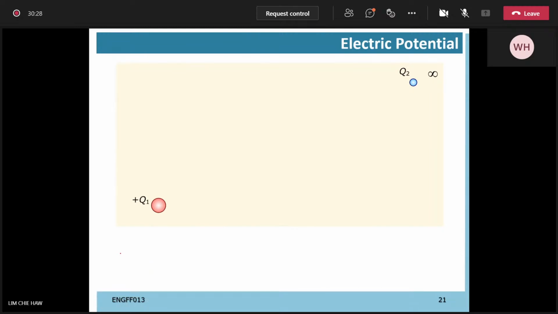Okay, look at that. Now we have Q1, we have Q2 here, and just now the Q3 is here, right? So this is your Q3, the positive charge. Now we try to bring Q3 to this point, let's say M. Here it is important to know the distance between Q1 and M, which is R1, and the distance between Q2 and point M, which is R2.